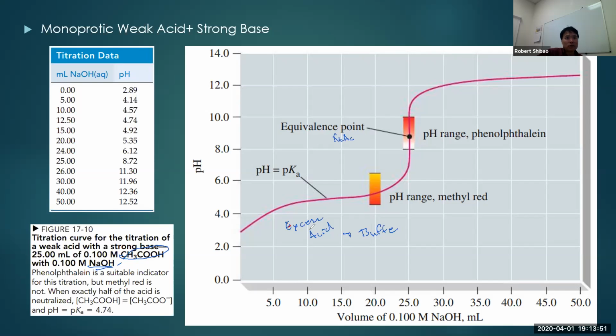We're going to have a mixture. The mixture is going to be excess acid, acetic acid, and sodium acetate, which is the product. And so this is actually step 2. In step 1, we add the sodium hydroxide. In step 2, we end up with a buffer.